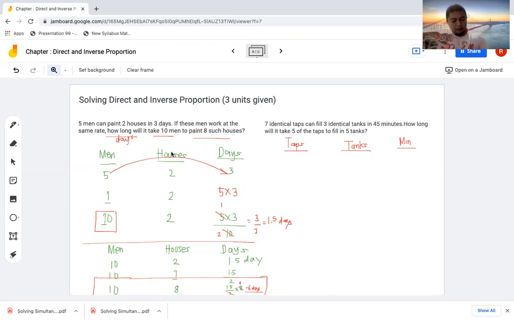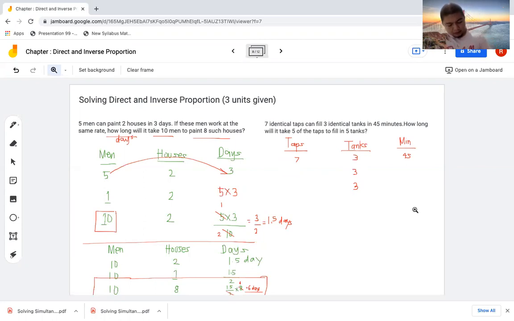So I will put the values here as 7, 3, and 45. Just like what we did, the second unit will be put into a constant value so that the 7 taps can be converted into 5 for us to get the answer.